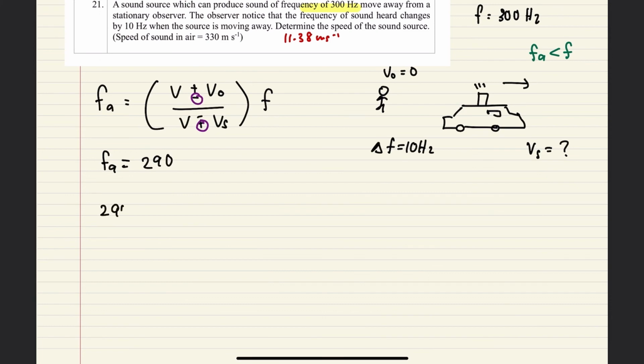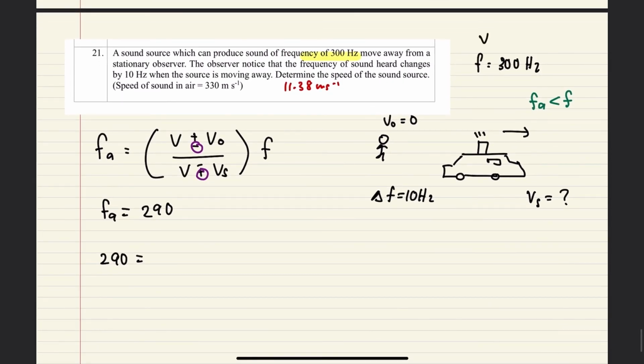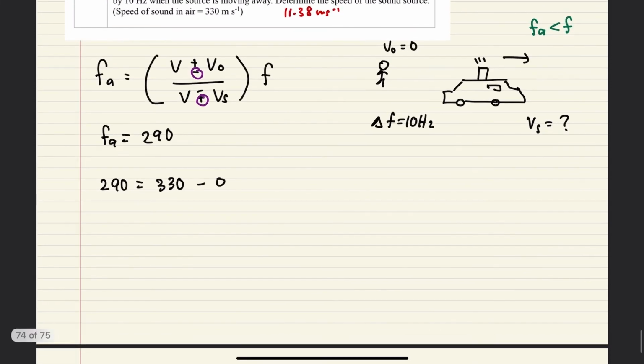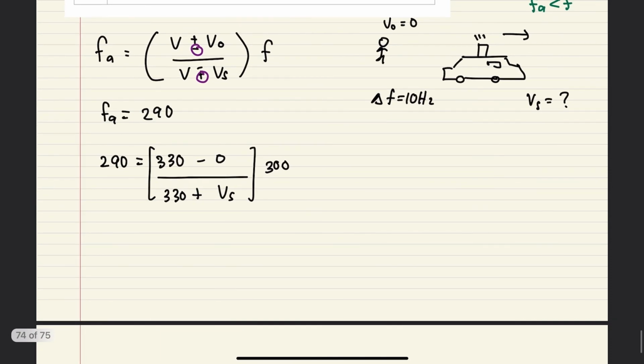So 290 is equals to, again, I use V equals to 330. This one is speed of sound. So 330 minus V observer, which is equal to 0, over 330 plus source, which is what you want to find, Vs. And then multiply with actual frequency, source frequency, 300.